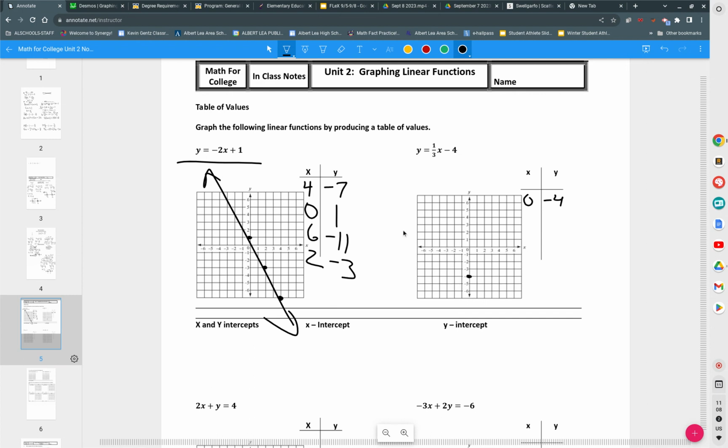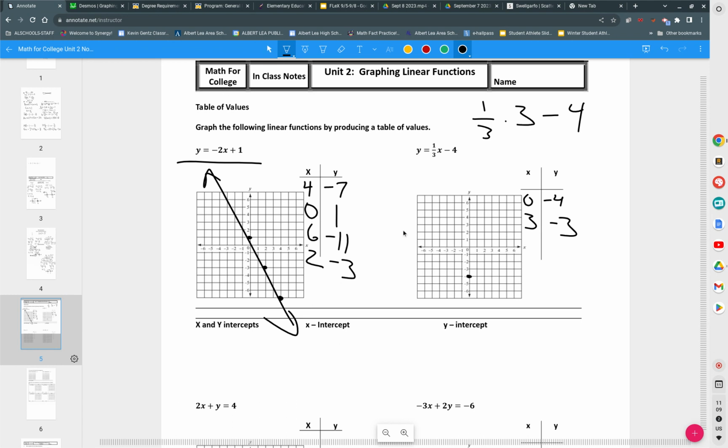So you're choosing 3. You get 1/3 times 3 minus 4. We multiply by the top and divide by the bottom. So 3 times 1 is 3, divided by 3 is 1. Minus 4 is -3.